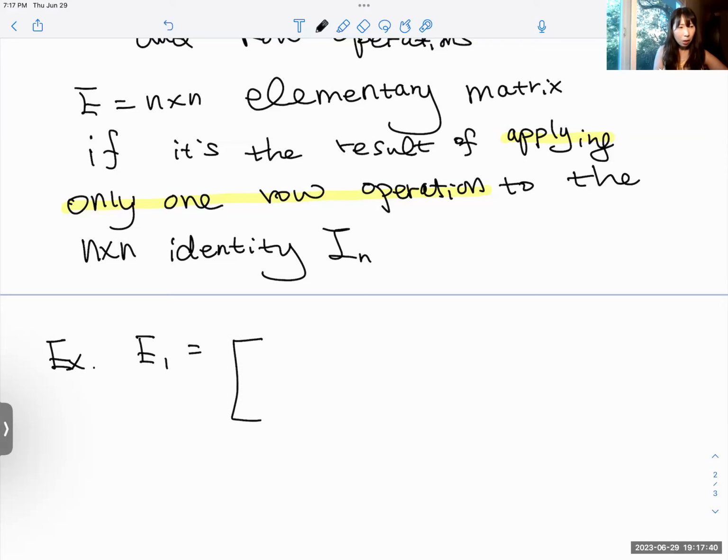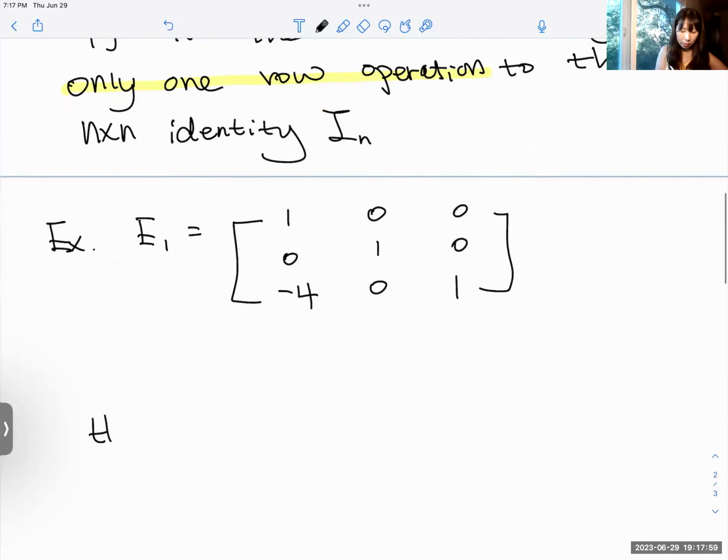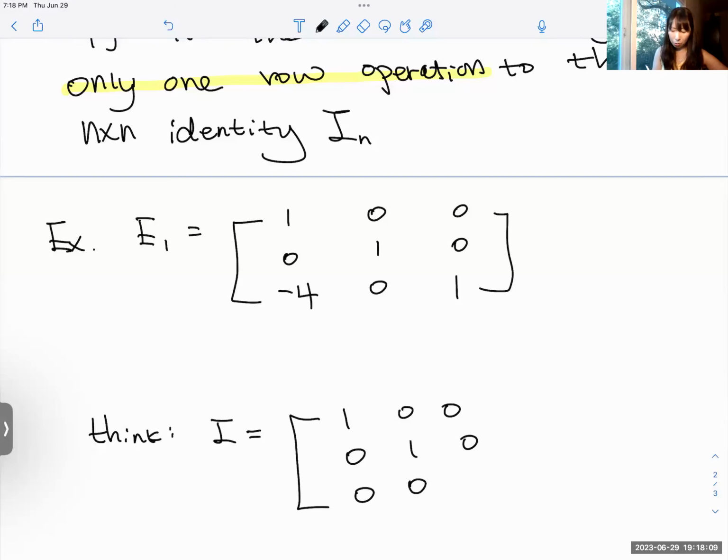We have 1, 0, negative 4, 0, 1, 0, 0, 0, 1. What kind of row operation do we apply here? So think from the 3 by 3 identity matrix, 1, 0, 0, 0, 1, 0, 0, 0, 1.